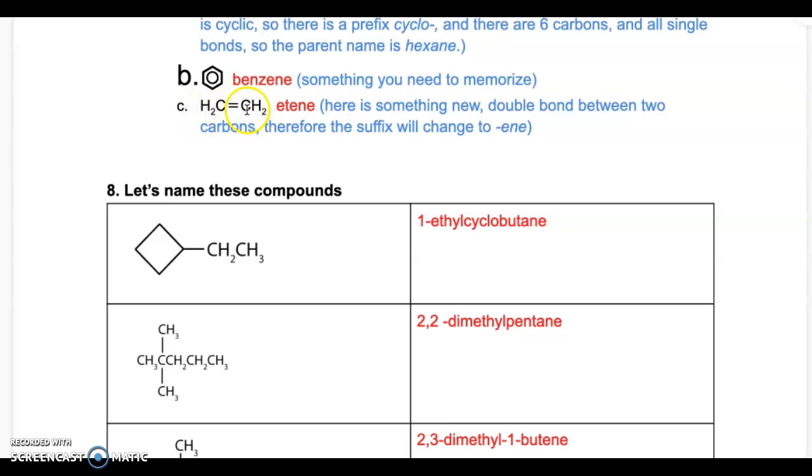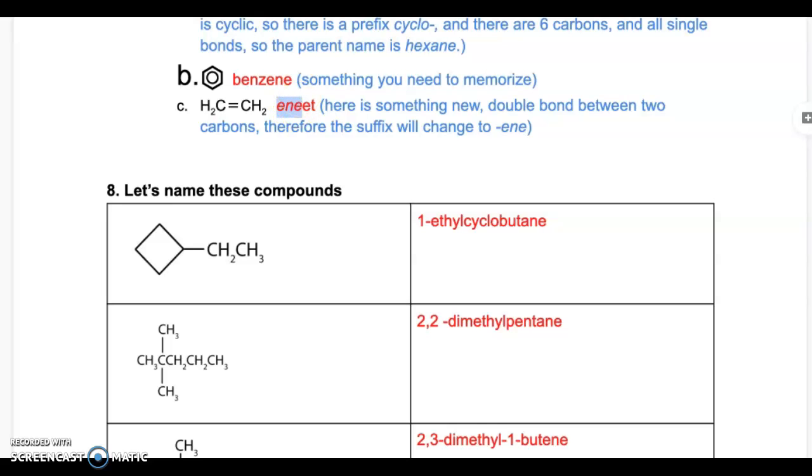So double bond means it's alkene, and therefore we change our suffix to -ene. 2 carbons means it's ethane. Oops. Means it's ethane. What did I do? Ethene. And over here the suffix is ethene.